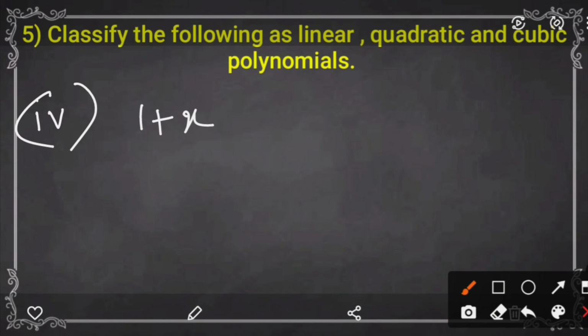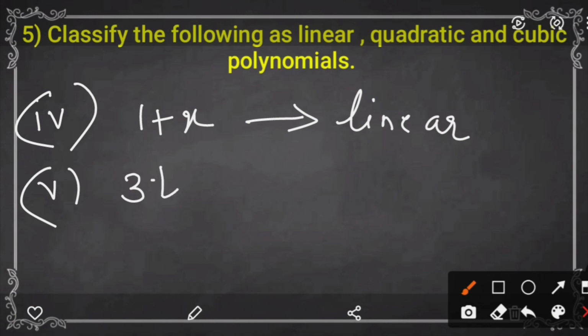Here the degree is 1. This is called a linear polynomial. Degree 1 is linear, degree 2 means quadratic, degree 3 is cubic. Next, the fifth one is 3t. Here also the power is 1. This is also linear.